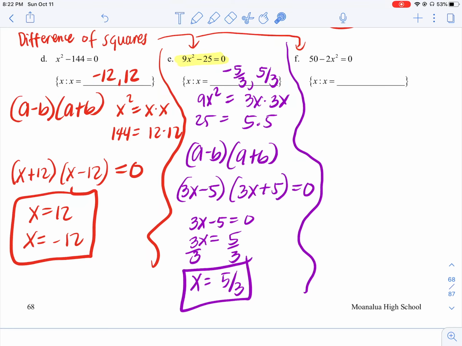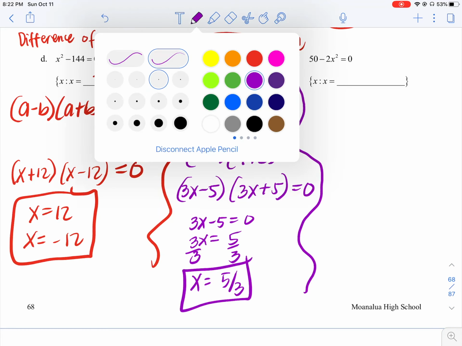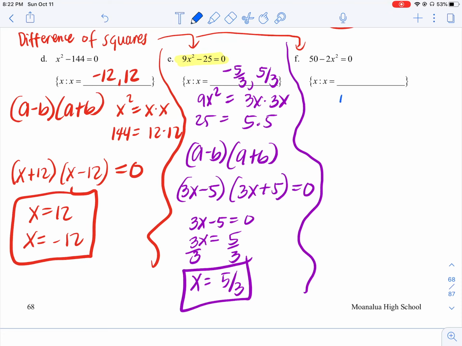Or, I mean, sorry, they could be divided by positive 2. Let's try that. We have 50 minus 2x squared equals 0. Remember, very important, make it equal to 0. Let's divide it by 2. Divide that by 2. So that's 25 minus x squared equals 0.